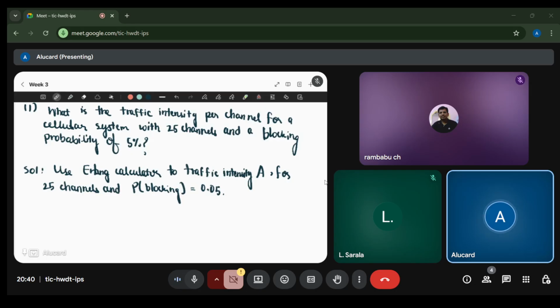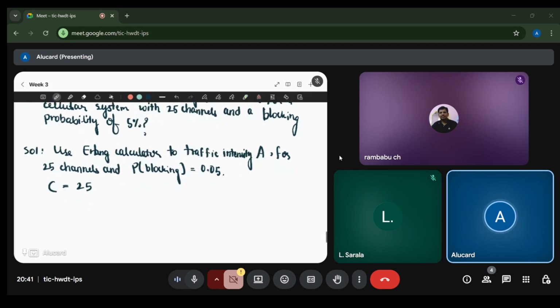There's a chart, or there might be tables also which you can use, but I would suggest using the online calculator that has been given. That will give you the value of A. Then C is the number of channels, C is 25. So traffic intensity per channel is A over C.